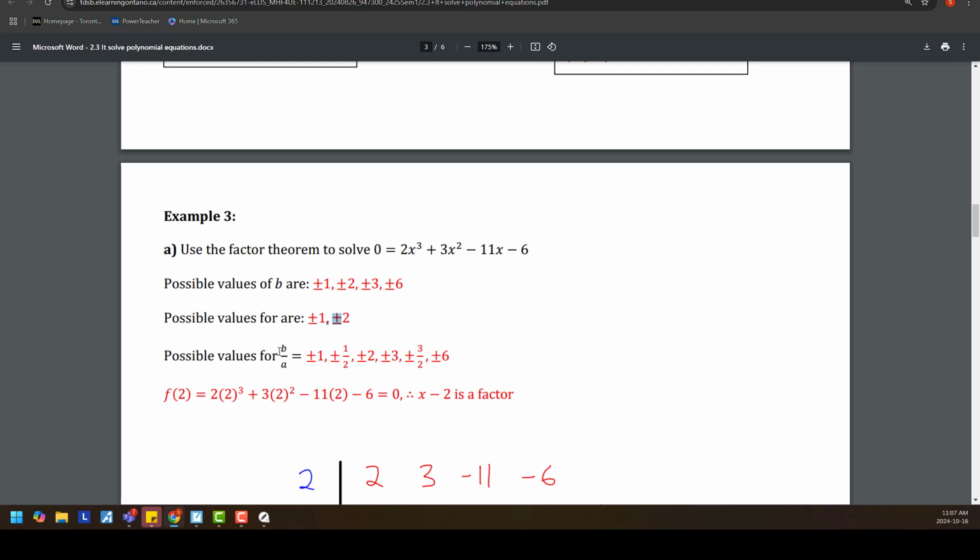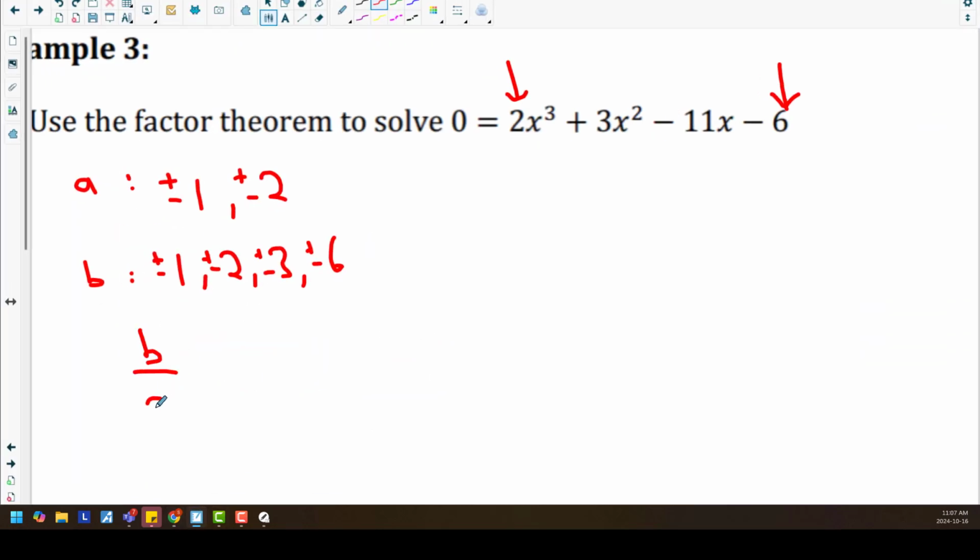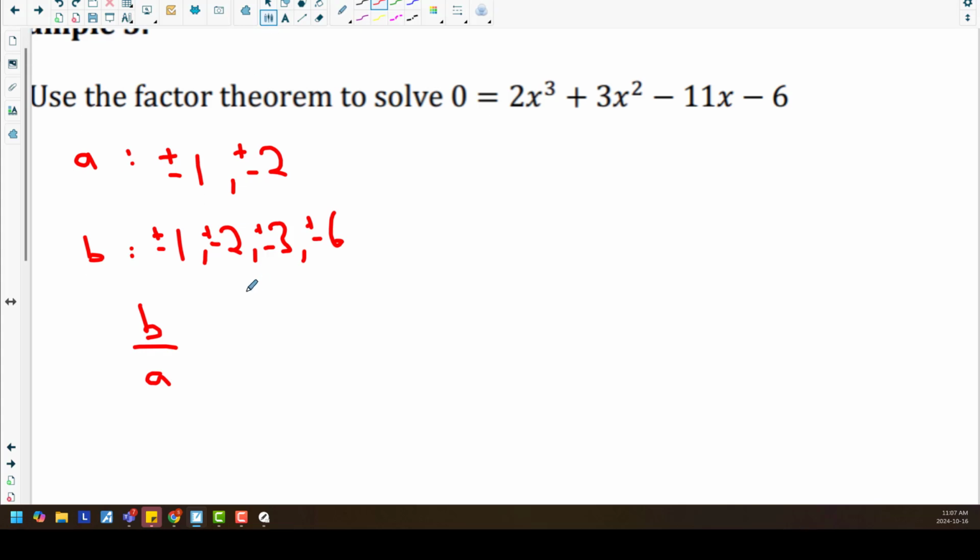All right, once I have that, now it's B over A. So B over A. This is always your constant term divided by your leading coefficient. So let's do that. That's going to be everything over 1. So 1 over 1, 2 over 1, 3 over 1, and 6 over 1.